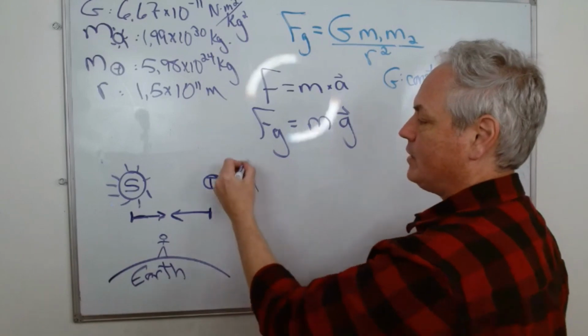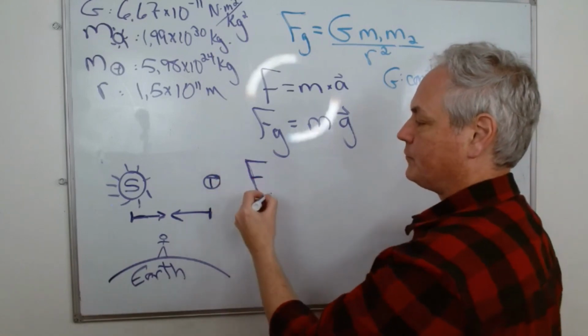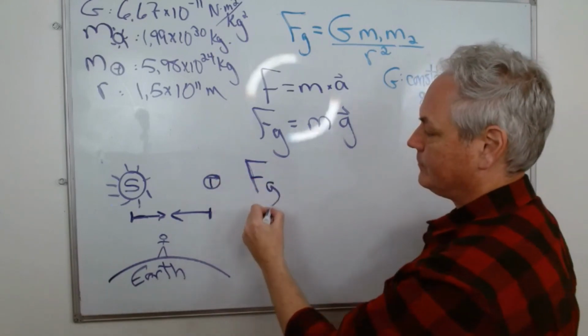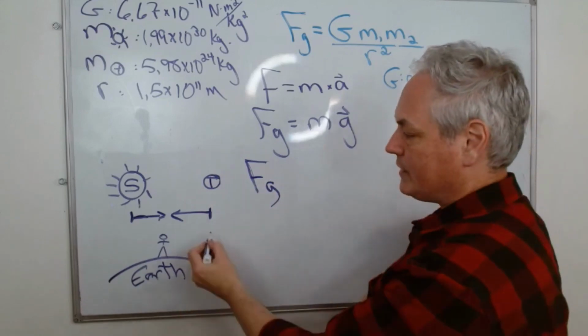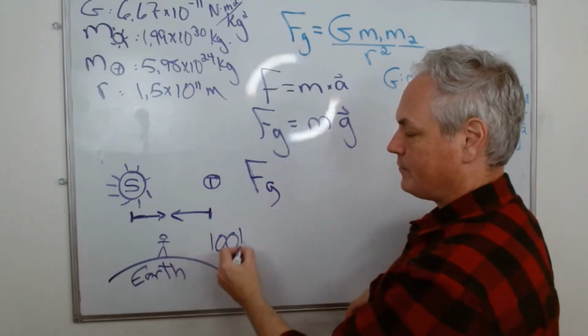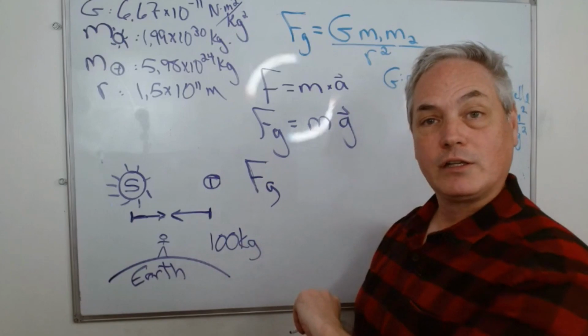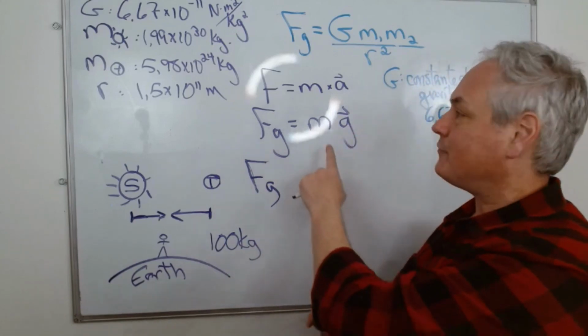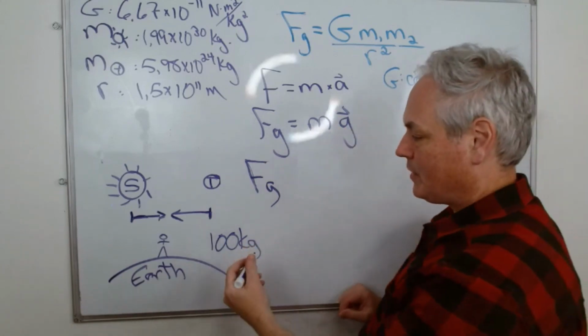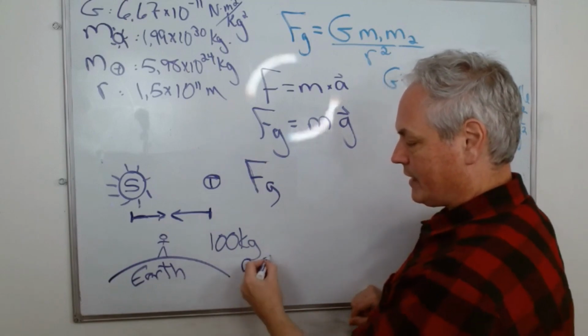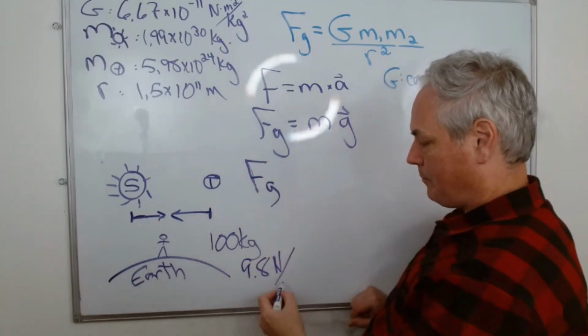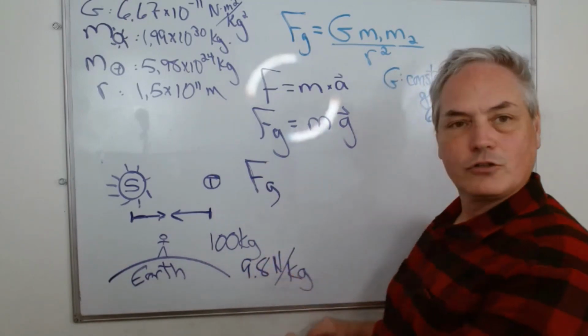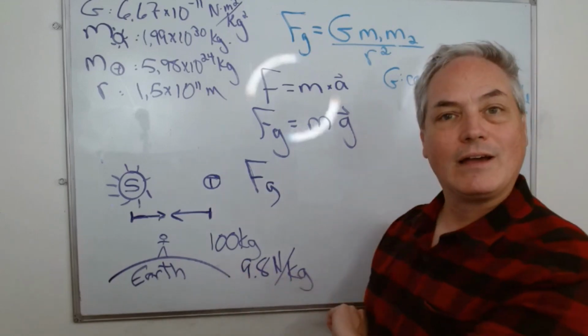So let's see. If I have the force on an object, let's say that this individual here weighs 100 kilograms. And here, when we have the gravitational field, we have 9.8 Newton per kilogram. So this is the information we have right here.